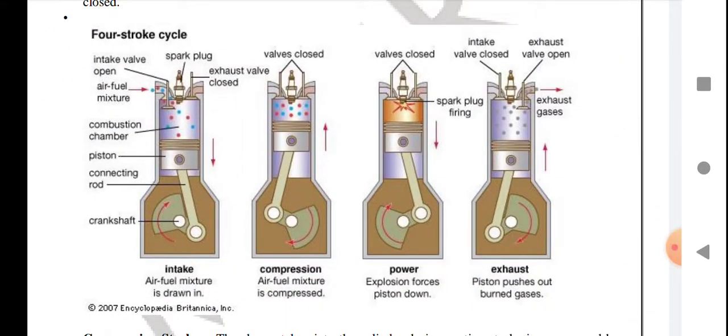In this diagram, as you see, the piston has some rings. These are called piston rings. Piston rings are used to make a seal so that the burning gas does not go to the crankcase.